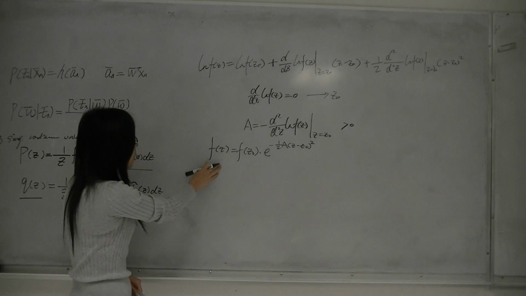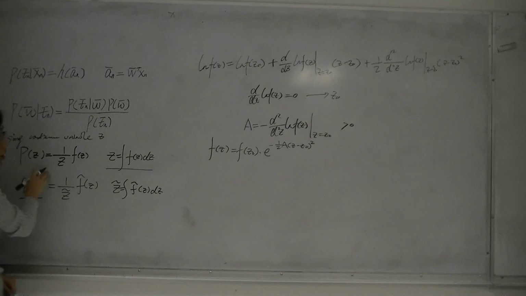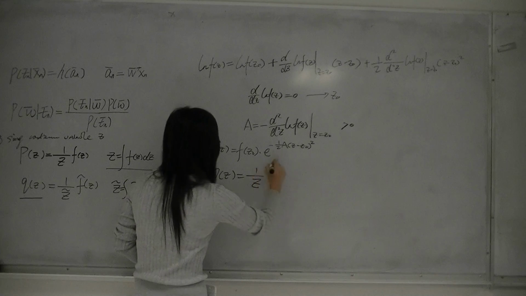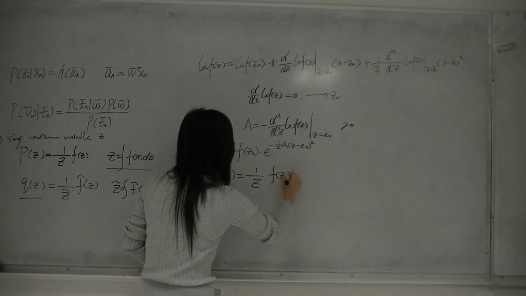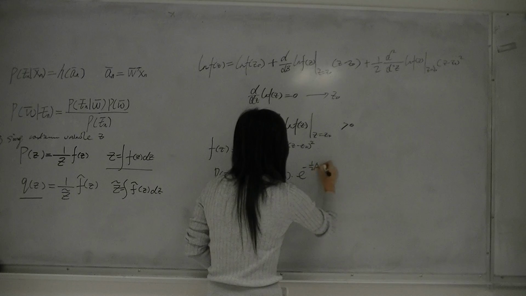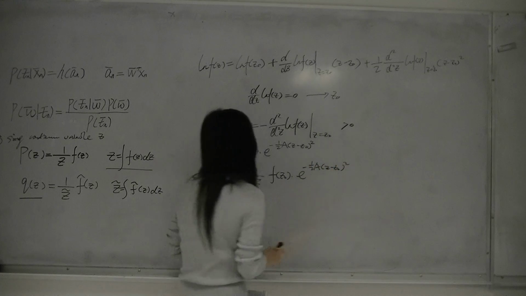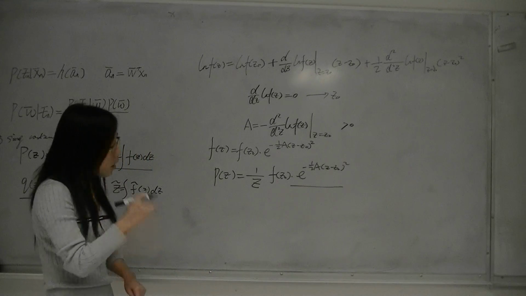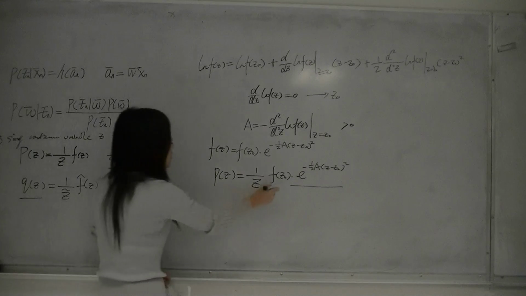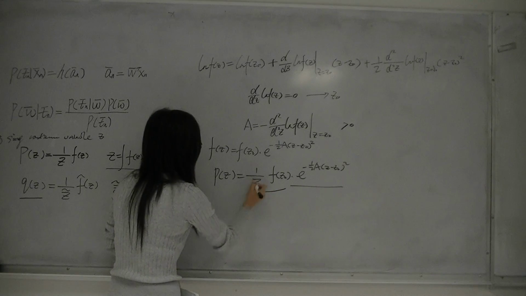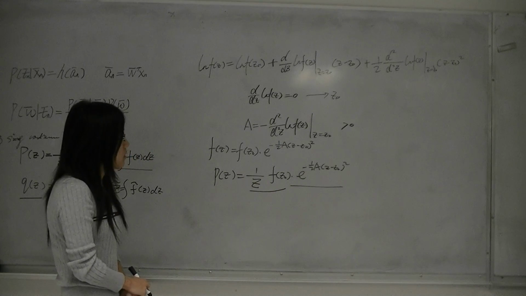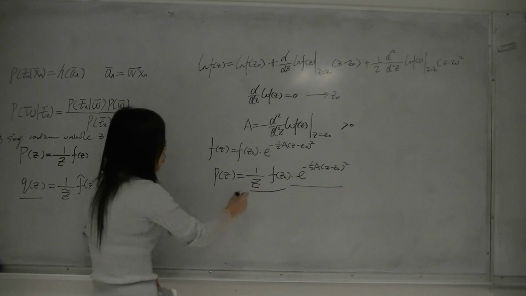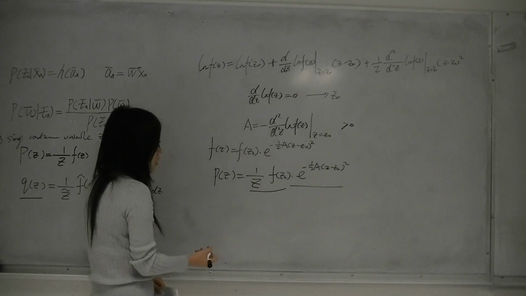We substitute this f(z) into the true distribution, which makes p(z) approximately equal to this expression. We know that this part is an unnormalized Gaussian distribution, and this is the normalization constant. Although the capital Z is unknown, we can write this constant directly like this.